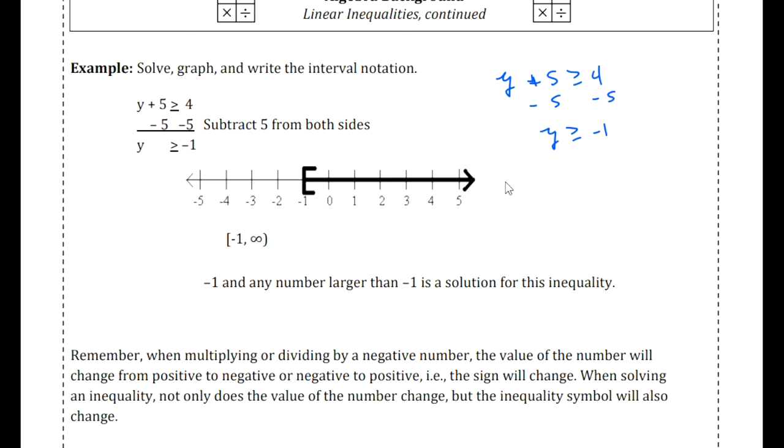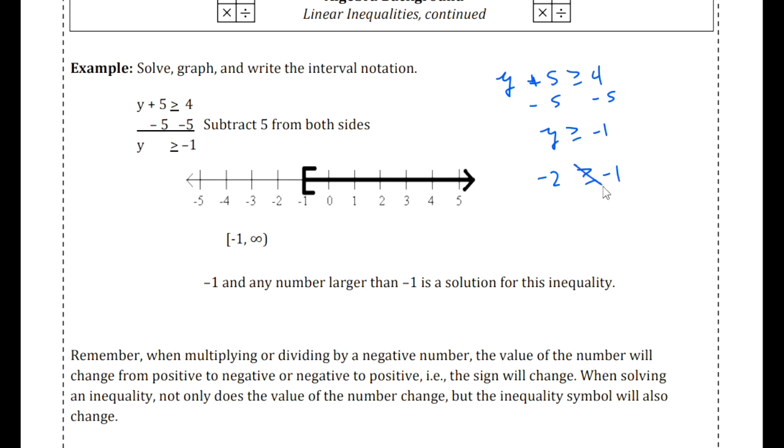And what we'll do is we'll find a couple of points that solve it and a point that doesn't solve it. So we're looking for all the y values that are greater than or equal to -1. So if I put in, say, -2, is -2 greater than or equal to -1?